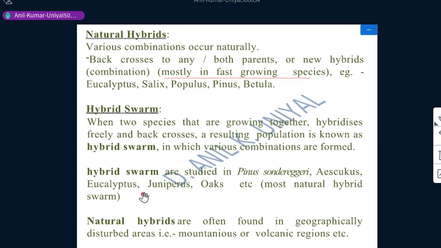Okay, next, hybrid swarms are studied in Pinus sondergaii, Aesculus, eucalyptus, junipers, oaks, and these are mostly natural hybrid swarms. Individuals of these are mostly found as hybrid swarms. Natural hybrids are often found in conditions of geographically disturbed areas like mountainous zones or volcanic regions.